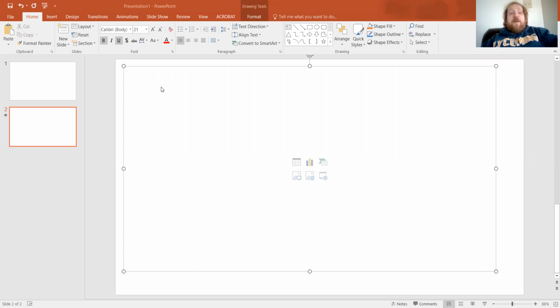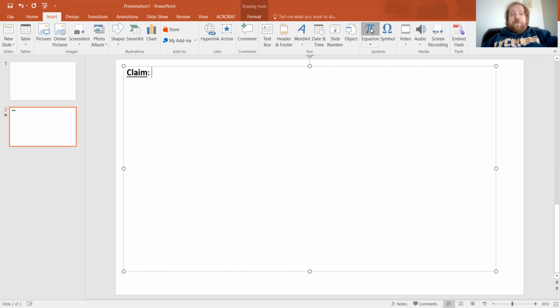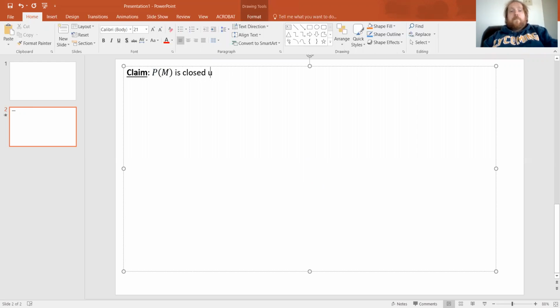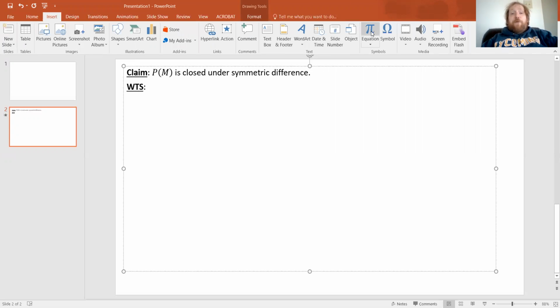So our claim is the power set P of M is closed under symmetric difference. So the first thing that we do is we figure out what we want to show here. Elements of the power set are sets, so we'll use A and B as capital letters here.